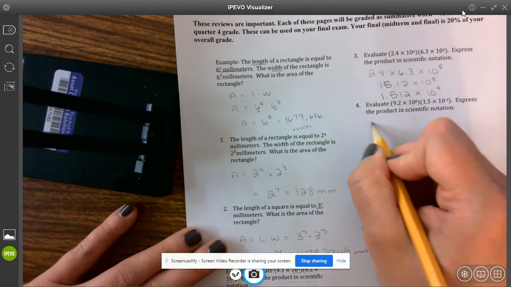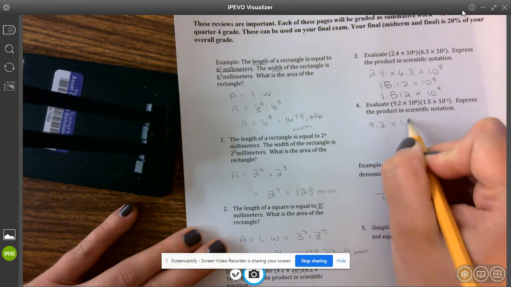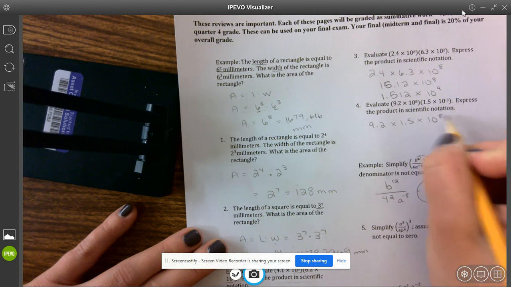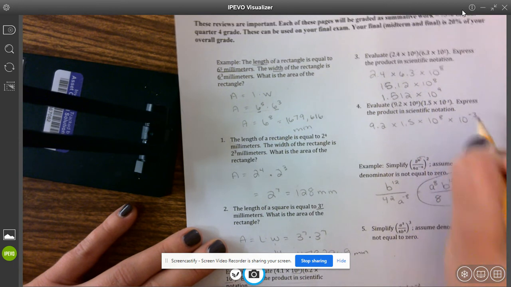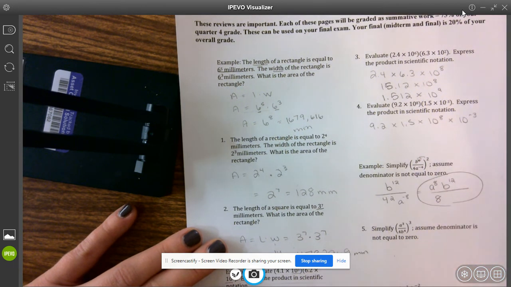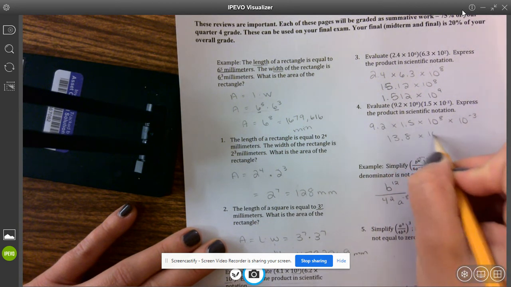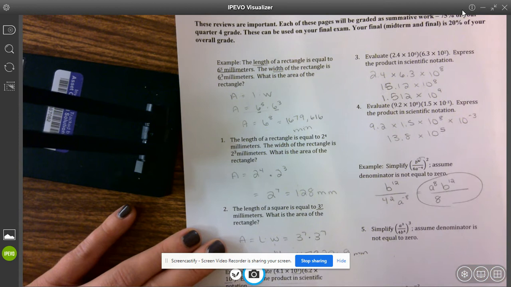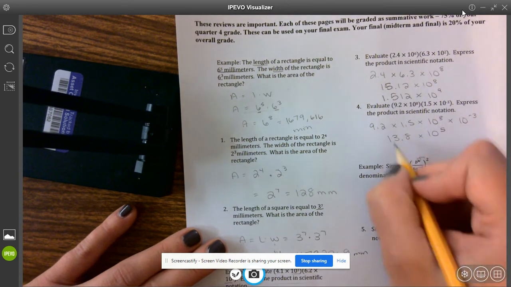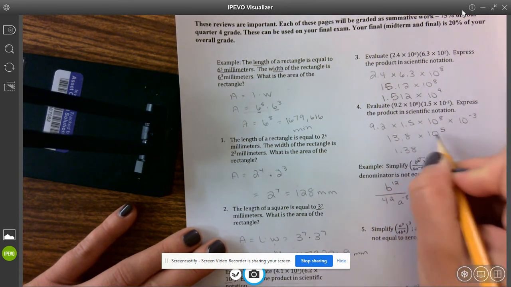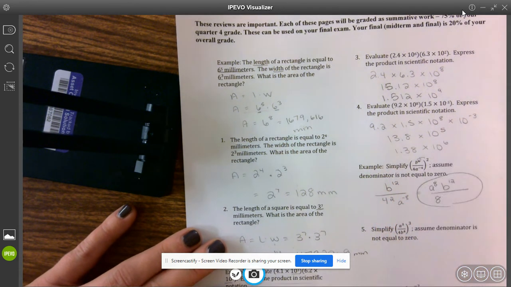Here, 9.2 times 1.5 times 10 to the 8th times 10 to the negative 3rd. Well, 9.2 times 1.5 is 13.8 times, this is going to be 10 to the 5th. And we need it to be 1.38, so it's going to be now 10 to the 6th.